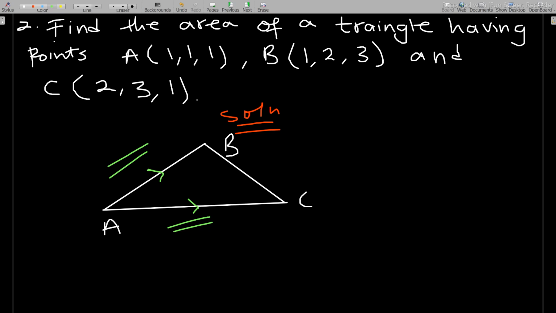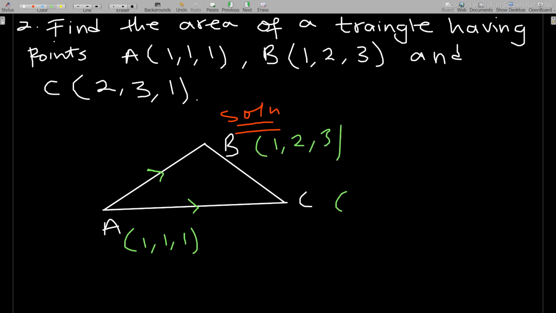Now, we know the position vectors, or the points, of A, B, and C. A is 1, 1, 1. You know B to be 1, 2, 3, and C to be 2, 3, and 1.